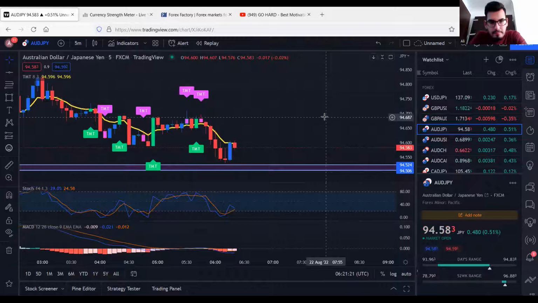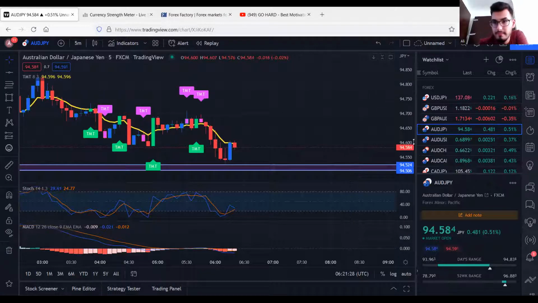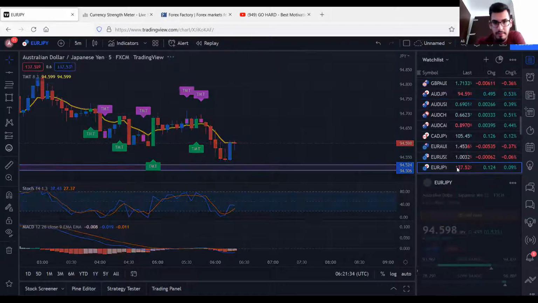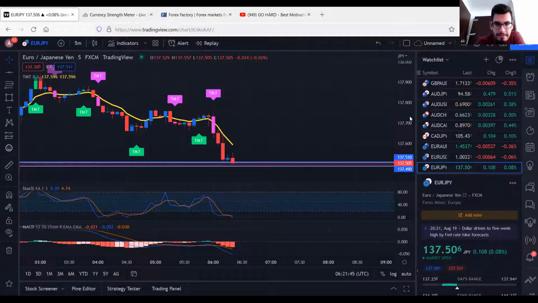AUDJPY. Now, if AUDJPY goes lower and this time enters my area, that would be great. EuroJPY is doing okay. It wants to hit our area again.